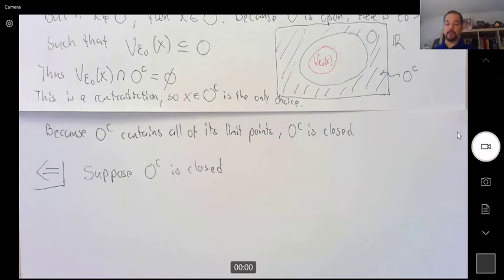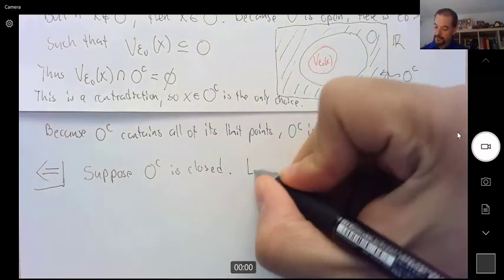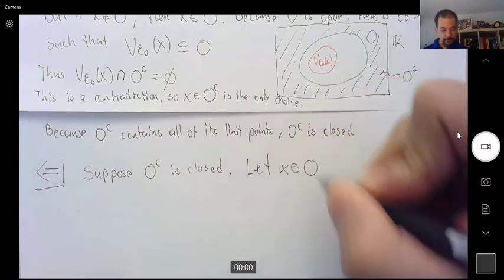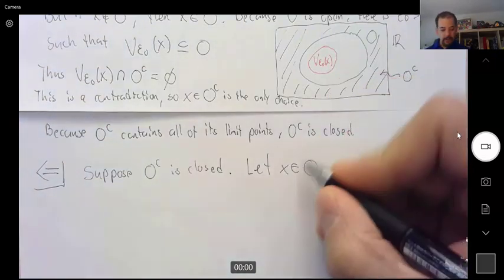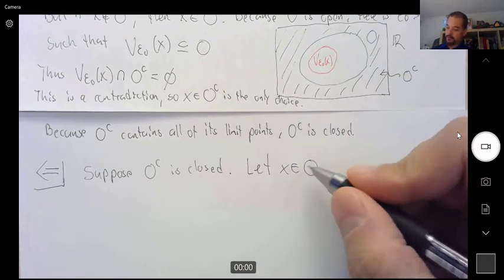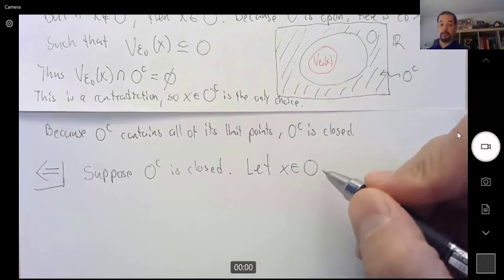How do I show something is open? I pick a point in there and I show it has an epsilon neighborhood inside, right? So I pick a point. Let X be an element of O. Now, being in O means X is not in O complement.